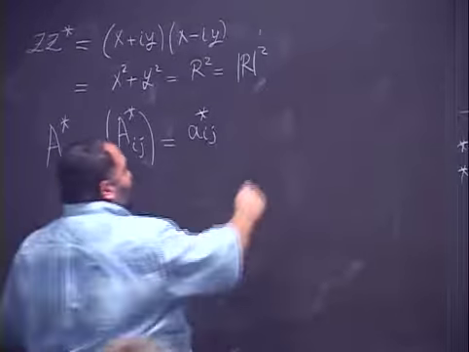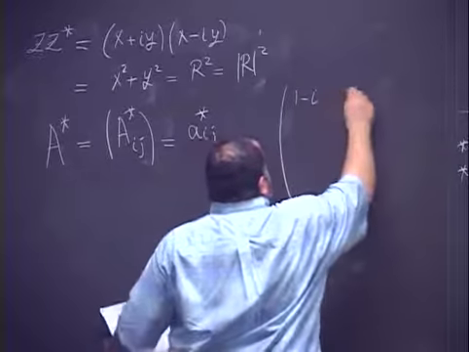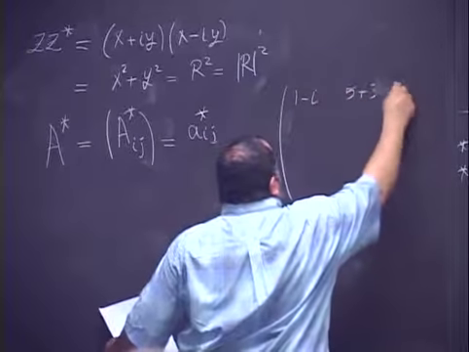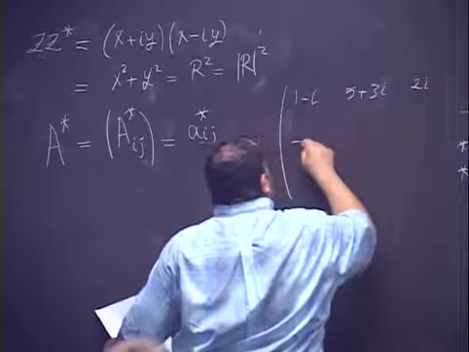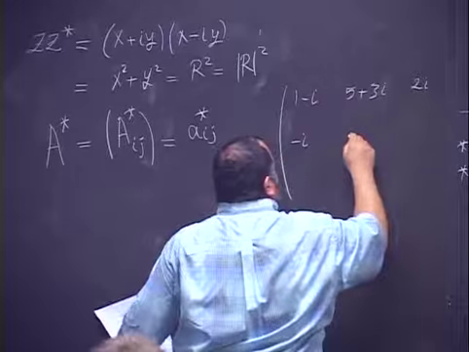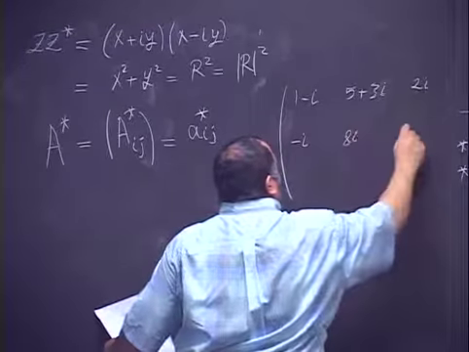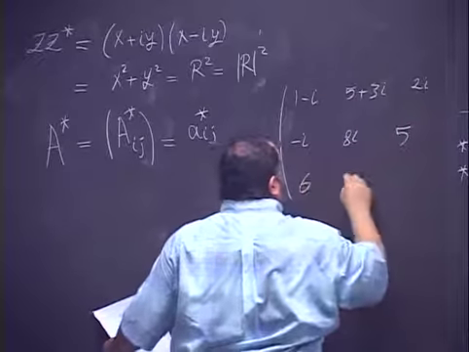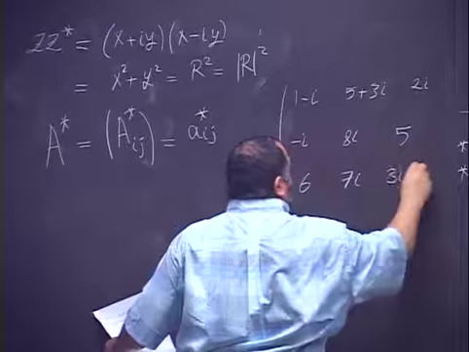So if you have a matrix, let's say 1 minus i, 5 plus 3i, 2i, minus i, 8i, 5, 6, 7i, and 3i plus 2.